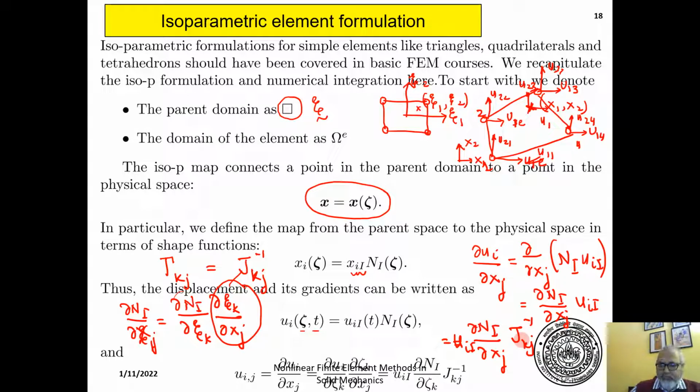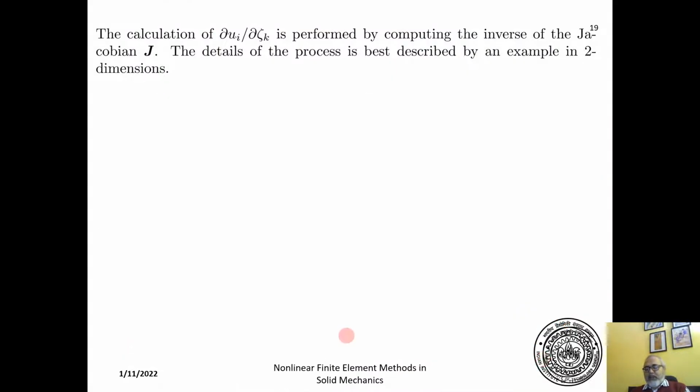Now you might already have been told how to calculate this inverse of the Jacobian, but we will go through it. We'll take a simple example of a four-noded quadrilateral and go through the process just so that you recollect how exactly this is done.